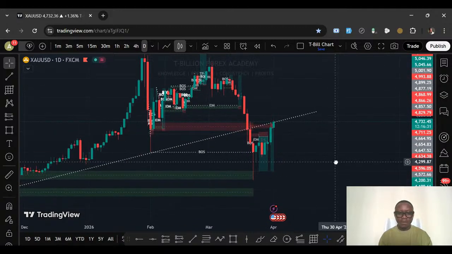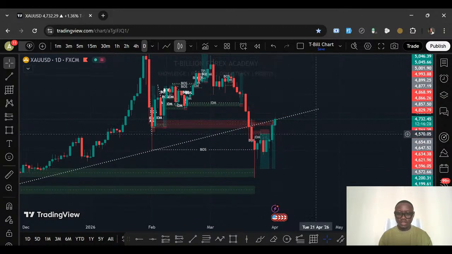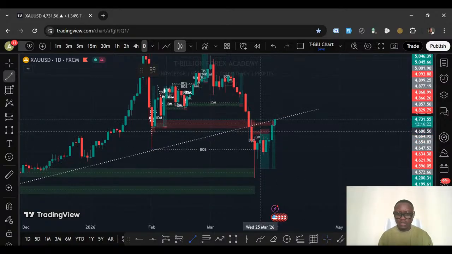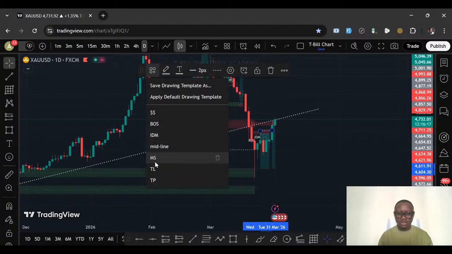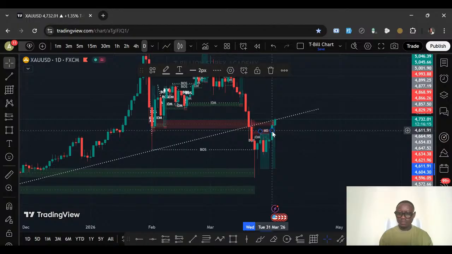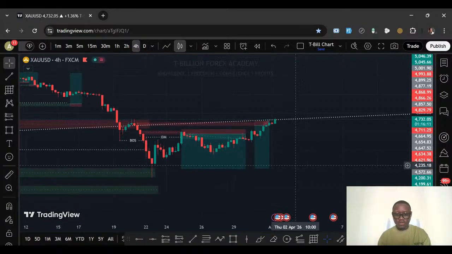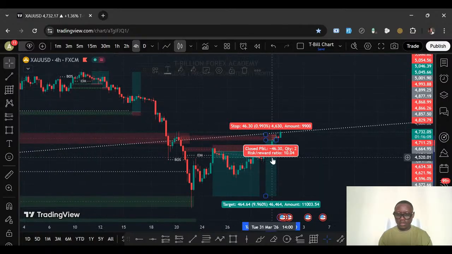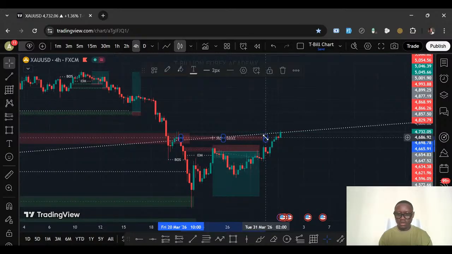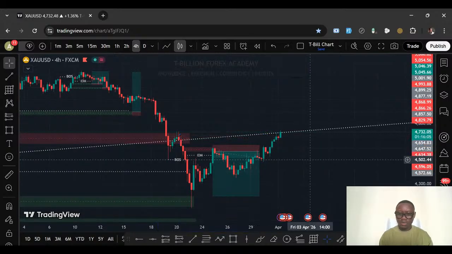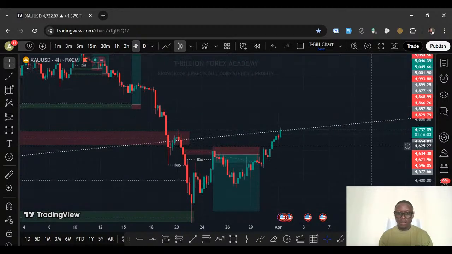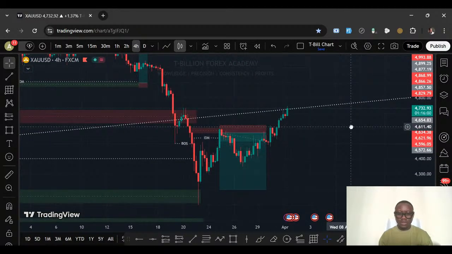But let's see, price is currently reacting at... on the daily time frame, we got this market structure shift right here. But then let's drill down to the 4H time frame for a clearer price action. Let me take this out. We didn't take the trade. This out as well.